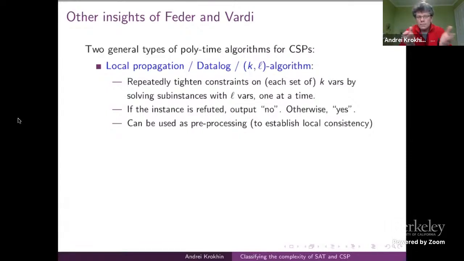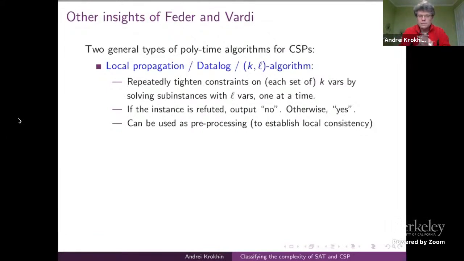If the procedure has stabilized, but we haven't refuted the instance, this means that the instance is now locally consistent. And in this case, we answer yes. Of course, this yes answer doesn't mean that the instance is satisfiable, right? This just means that it became locally consistent without refuting the instance.